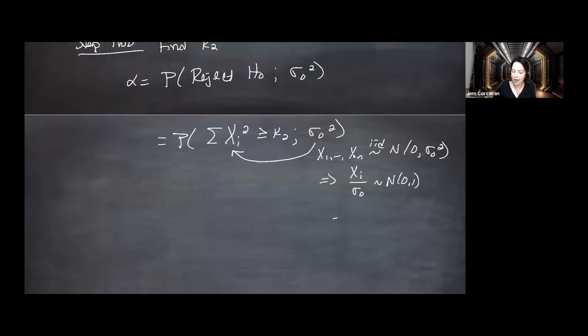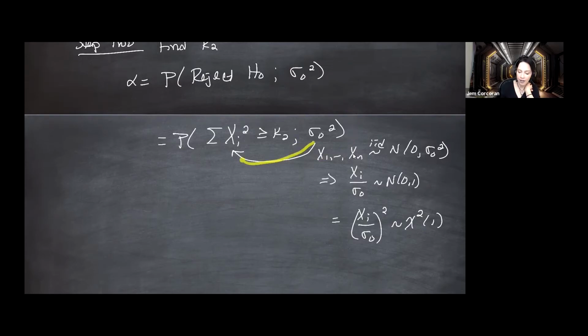And that implies that if you square this whole thing, you have a chi-squared 1. We saw early on in the course that a normal 0, 1 squared is a chi-squared with 1 degree of freedom. And we saw that if you add up independent chi-squareds, then you get another chi-squared and you add up the degrees of freedom. So under the assumption that this is the parameter, this has a distribution that is chi-squared with n degrees of freedom.